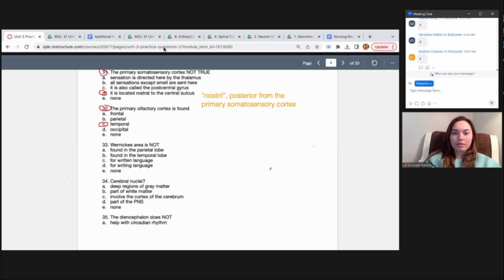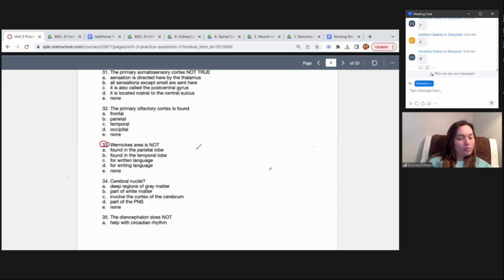Temporal, right? So the sense of smell goes to the temporal lobe. Good. Question 33. Wernicke's area is not. This is a tricky question.